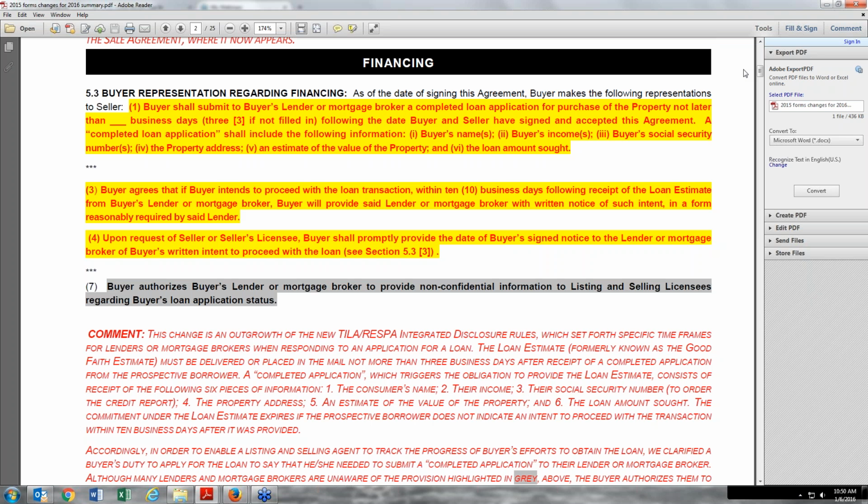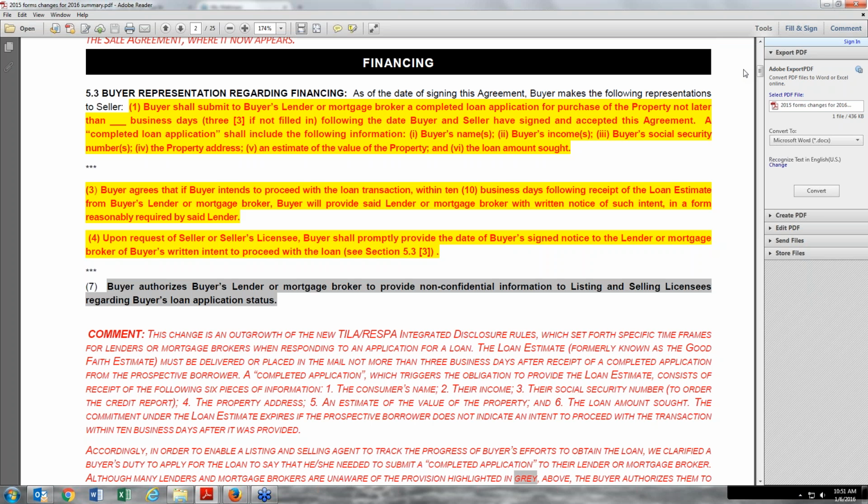So number 7 says buyer authorizes buyer's lender or mortgage broker to provide non-confidential information to listing and selling licensees regarding buyer's loan application status. And so if you call as a listing agent the mortgage broker and you ask about the status, and they tell you that they're not going to share the status, you can direct them to Section 7 that says that it's already been authorized by the buyer. We're only talking about non-confidential information.